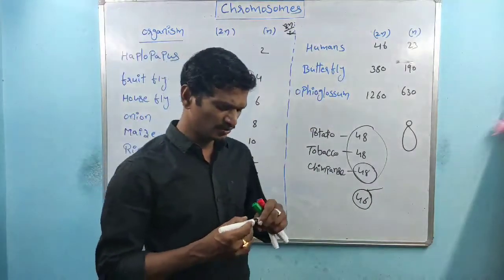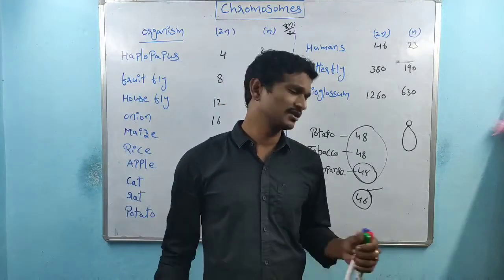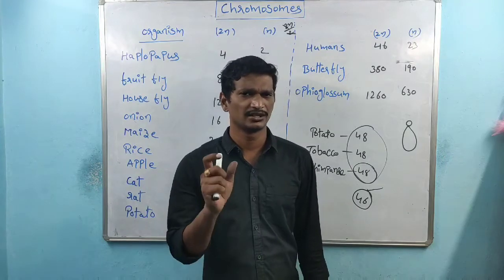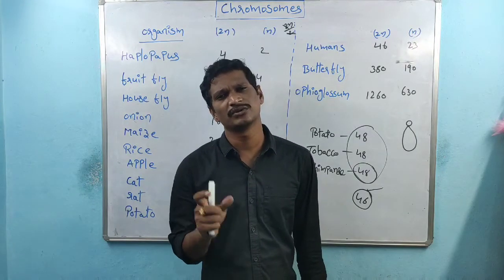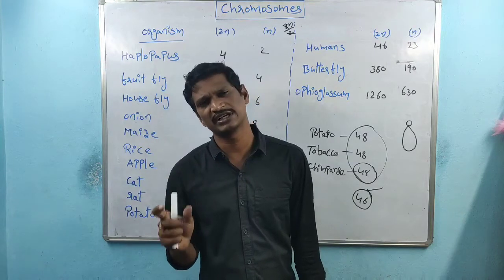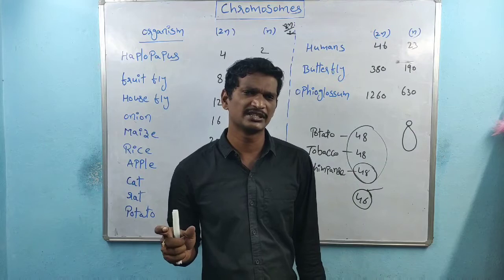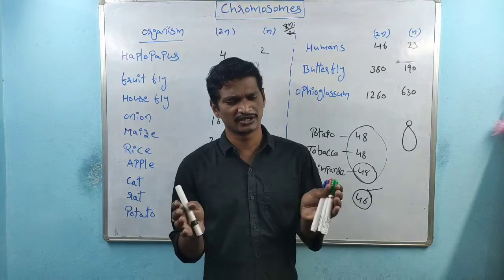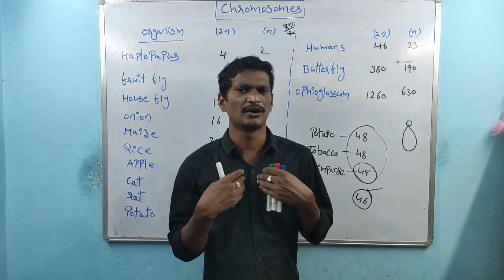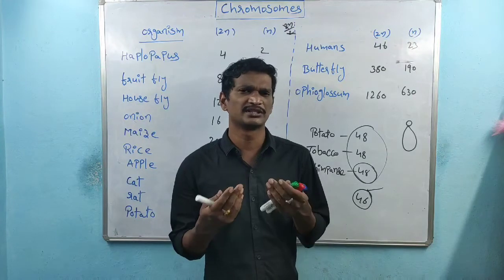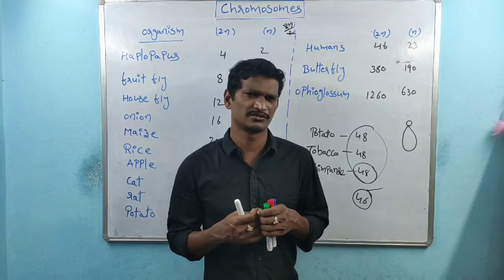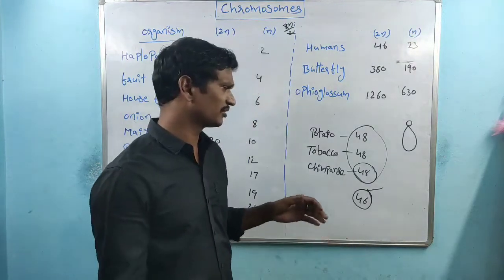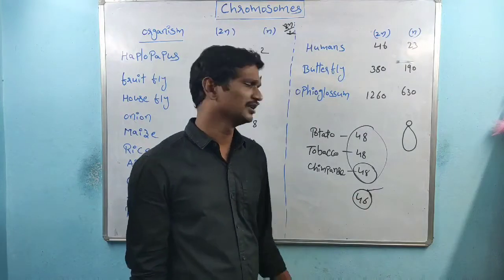Humans contain 46 chromosomes, and the DNA sequence is also different. Not completely, but definitely about 70% of our genetic material matches with chimpanzees, but 30% is different. So this is one of the evolution of human beings from the chimpanzees.